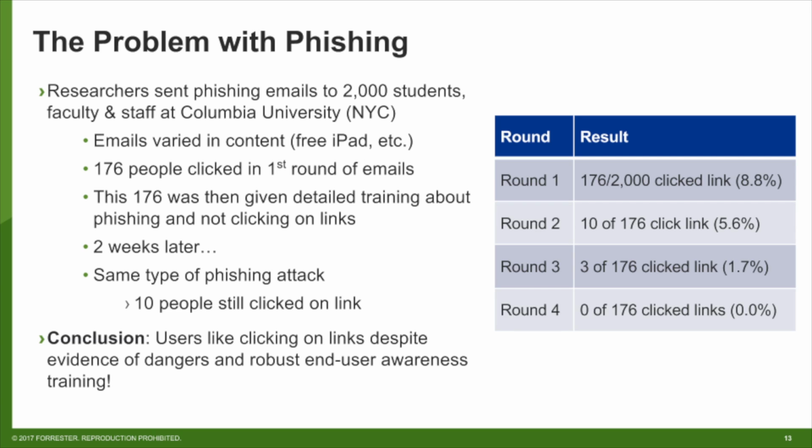And again, what happened is after each round, those users who clicked were put through, I think, a half-hour training on the dangers of phishing and not to click on links. And they went through a whole education process. That same group then got another set of phishing emails, and you still see, even after the first round of training, there still was a percentage of users that clicked on a link, and even after the third round.